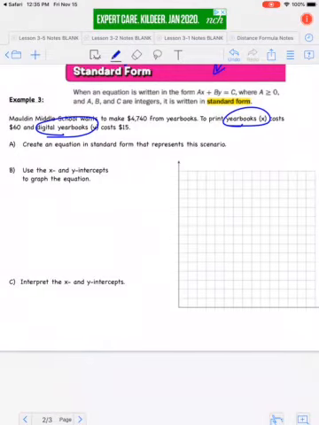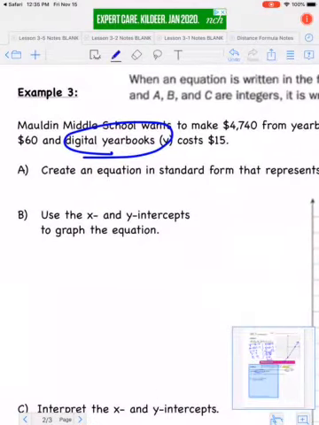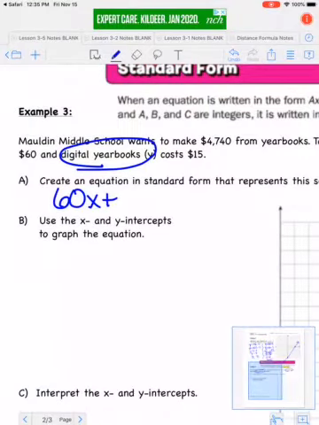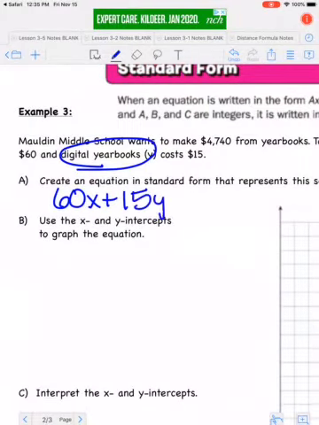So we have $60 for our printed yearbooks, so that's going to be 60x plus, and then our digital yearbooks are 15, so that's for our y, and it says they want to make $4,740.